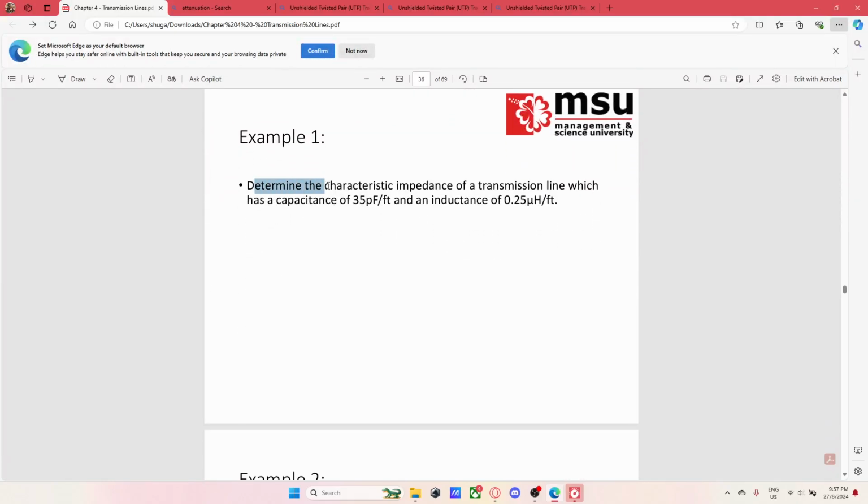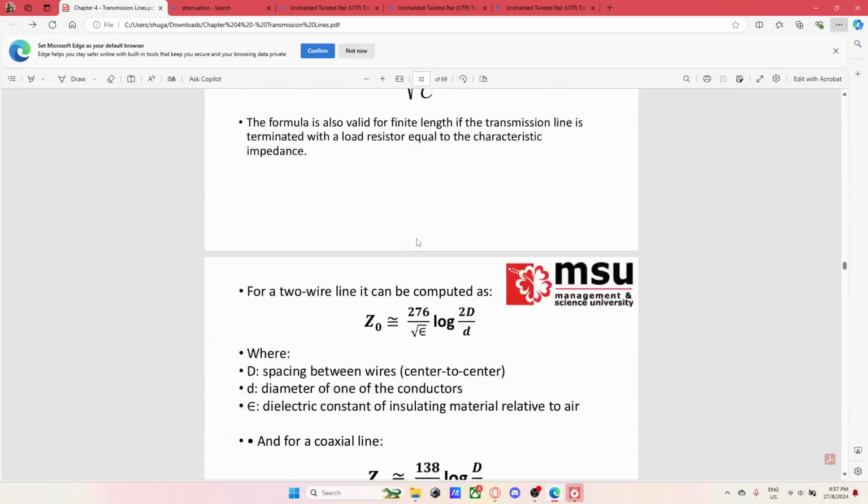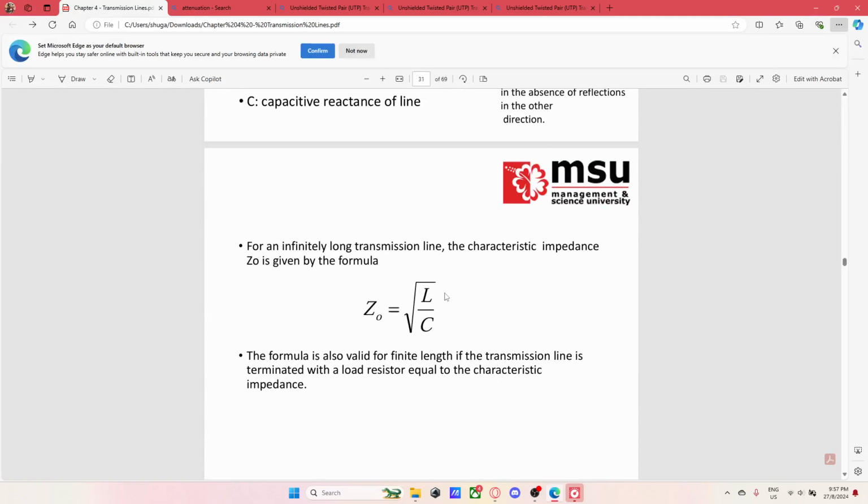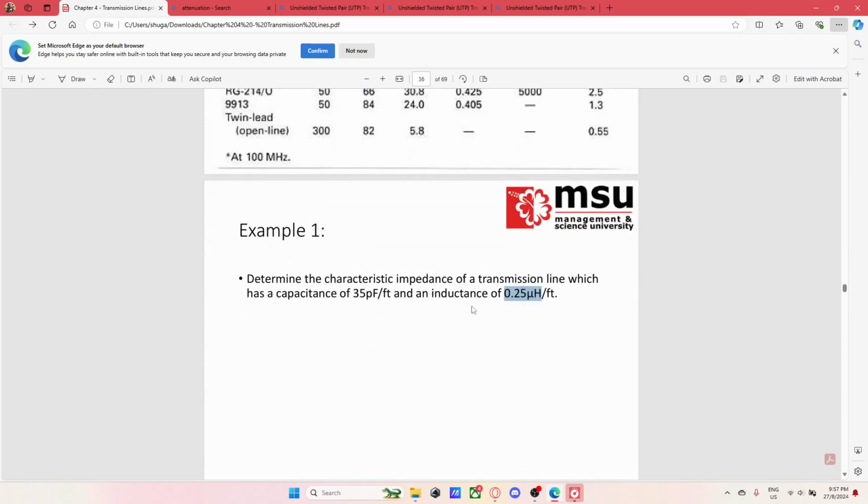Okay, determine the characteristic impedance of a transmission line which has a capacitance of 35 pF per foot and an inductance of 0.25 µH per foot. Just substitute these values into the Z0 equation. Our L is the inductance, 0.25 micro.